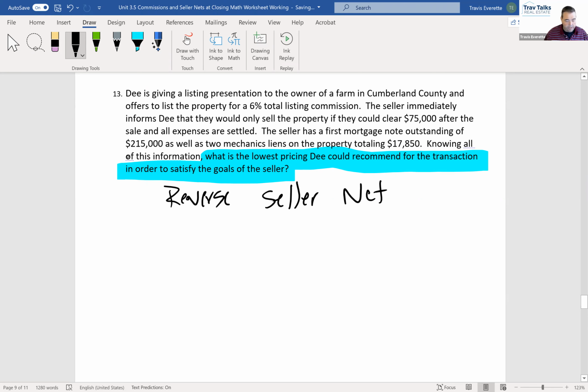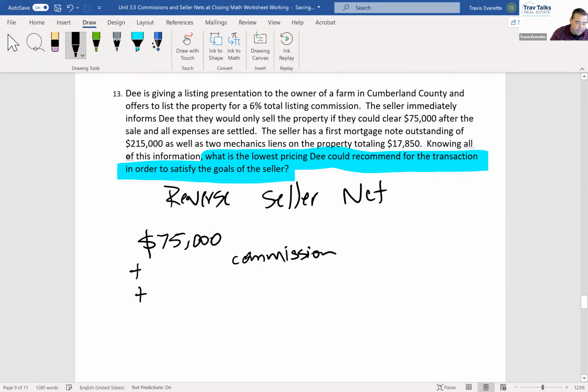So start with what they need, that $75,000. But they also need to pay that 6% commission. Unfortunately, I can't do the math on that one because I don't know what the property sold for.